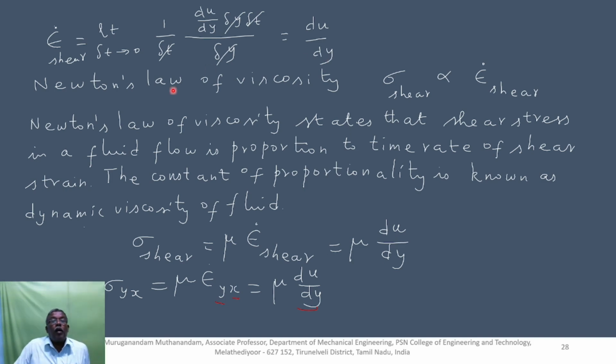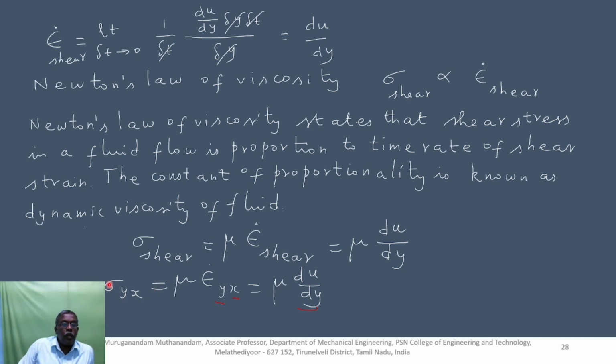So Newton's law of viscosity states that the shear stress in a fluid flow is proportional to the time rate of shear strain. The constant of proportionality is called viscosity. Here the flow is taking place in the xy plane.